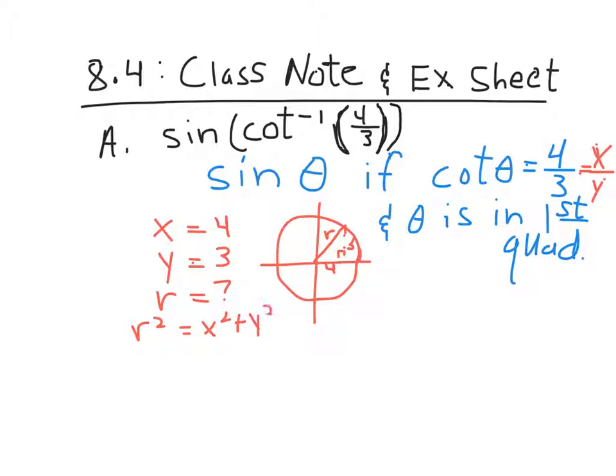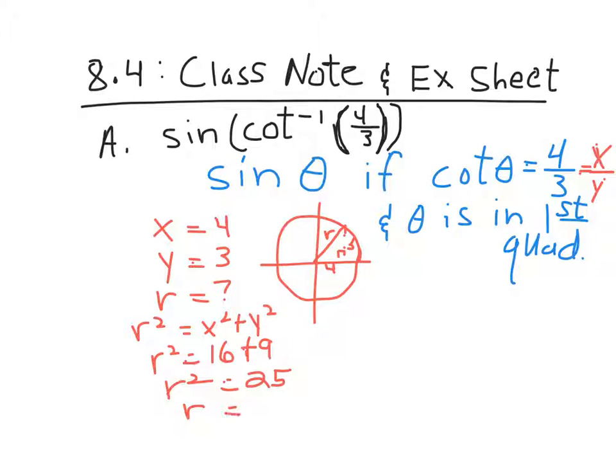Since we've got the 3 and the 4, hopefully you've already recognized this is a Pythagorean triple, but r squared will equal 16 plus 9, and therefore r squared is 25, so r will quickly be 5.